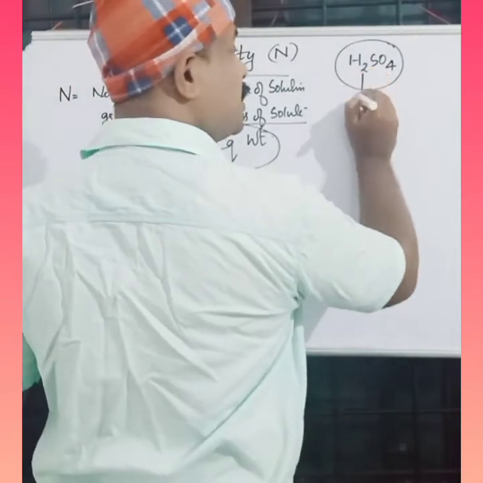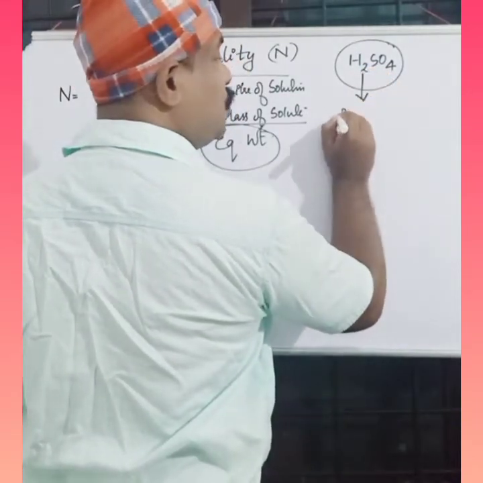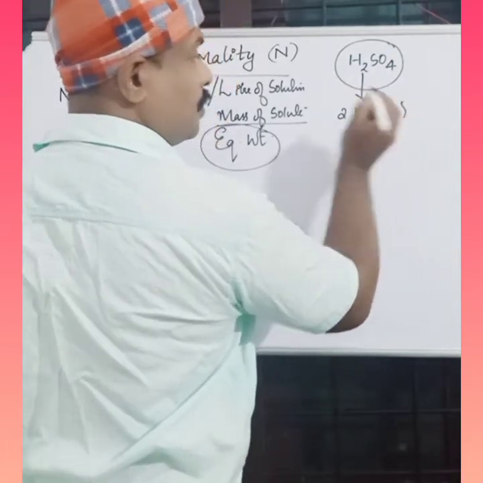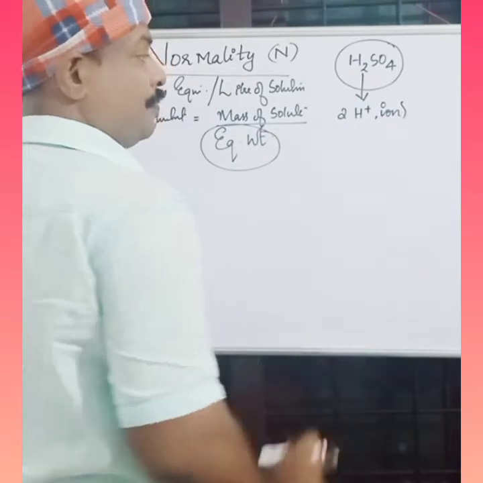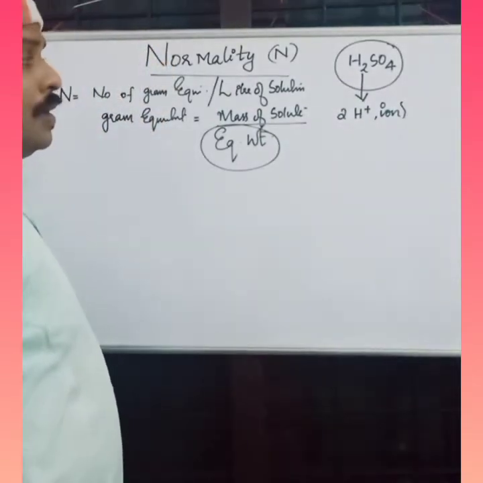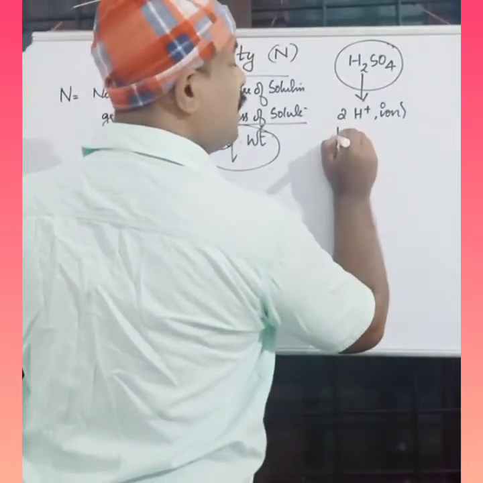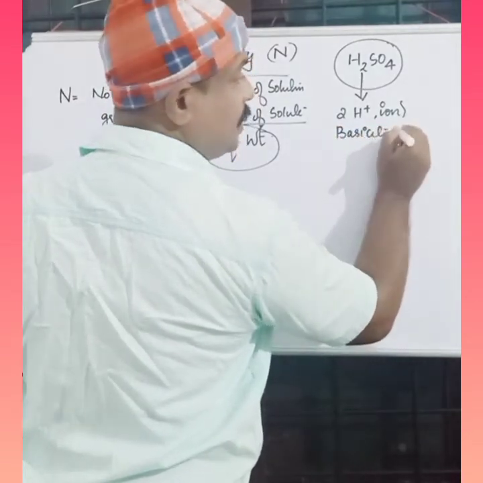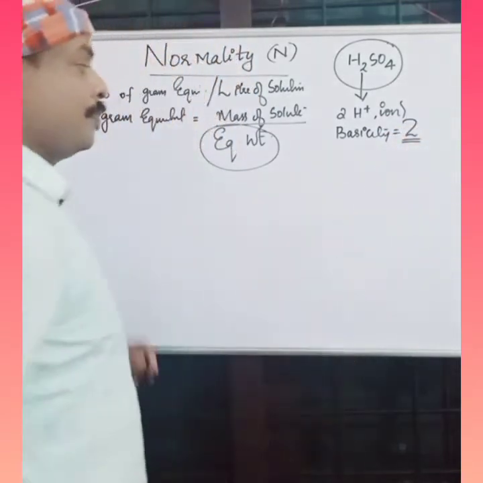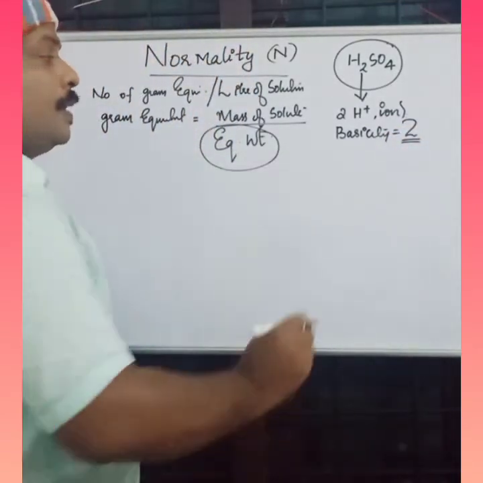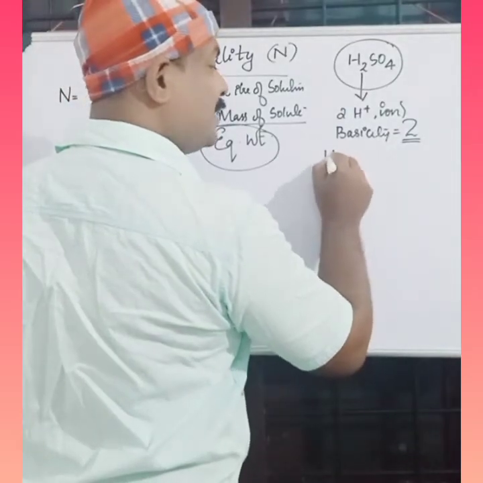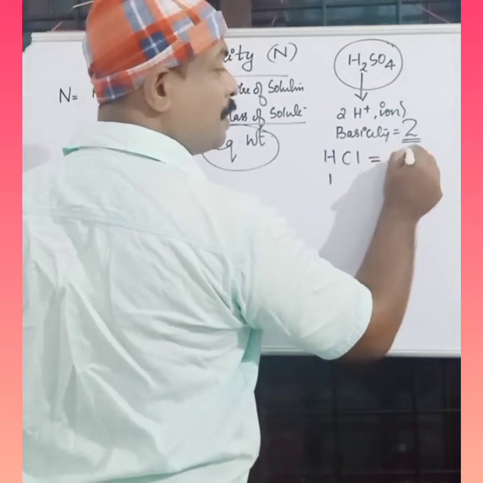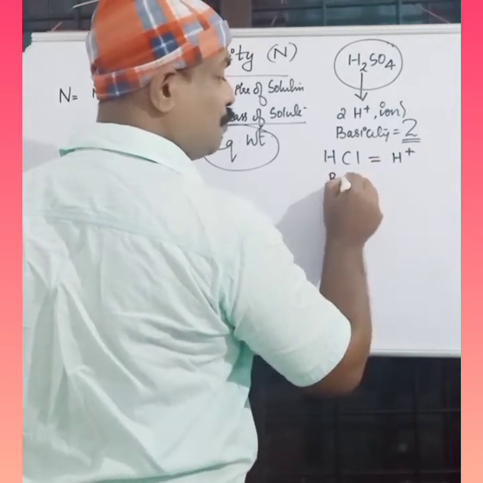On dissociation, sulfuric acid can give 2 H plus ions, so the basicity of sulfuric acid is equal to 2. Then HCl is a monobasic acid. It can give only one H plus ion, so its basicity is 1.